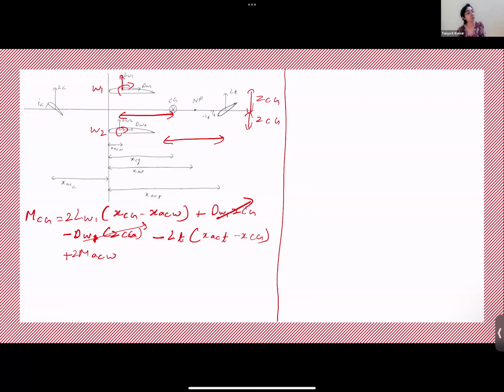Okay. Now the contribution of the canard. Canard and tail are both symmetric airfoils, so there is no moment at the aerodynamic center. So what is the contribution of the canard at the CG? It will just be lift into this entire distance. What is that distance?